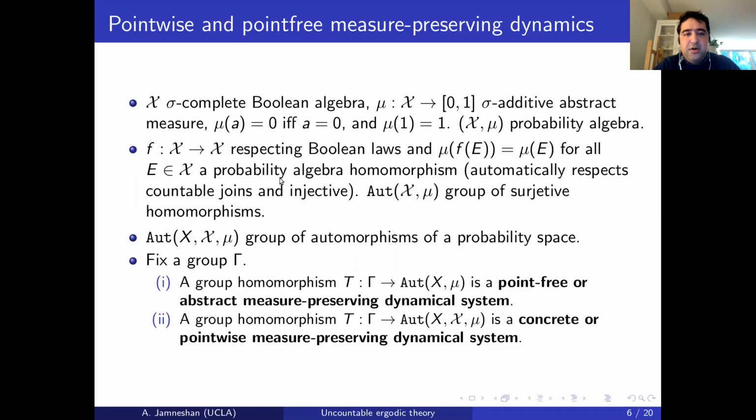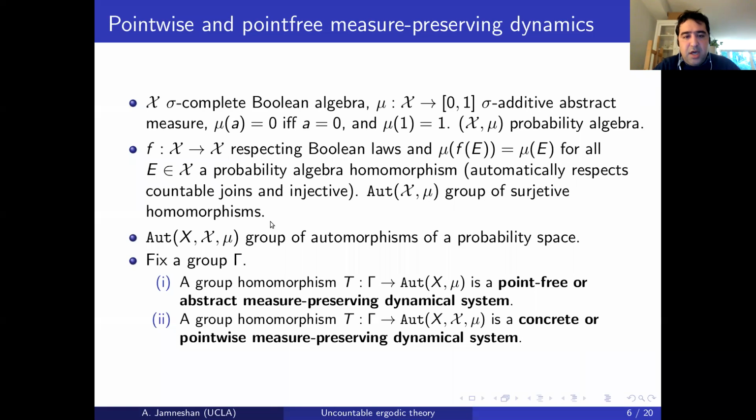And here we do not need to require that this Boolean homomorphism is sigma complete, because one can show that, because of this measure preservation property, it automatically respects countable joins, and it's also injective. So that allows us to define an automorphism group of such a probability algebra by taking all measure preserving Boolean homomorphisms which are also surjective.